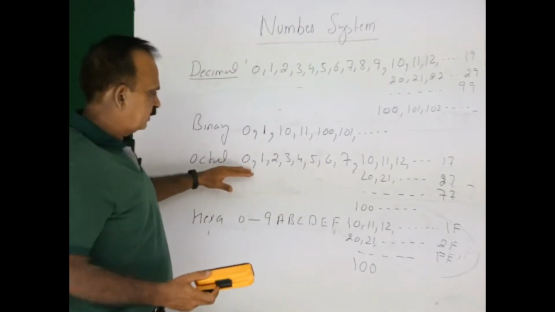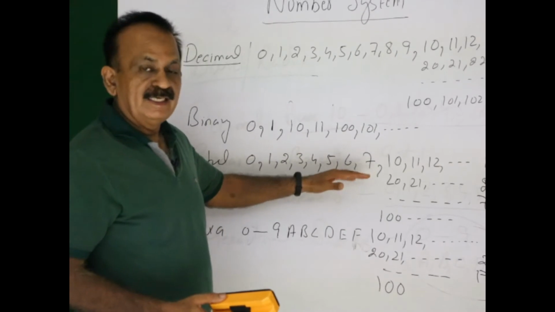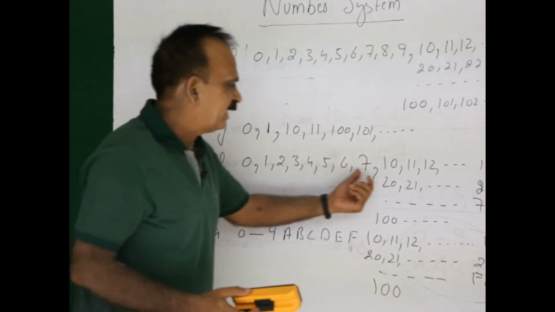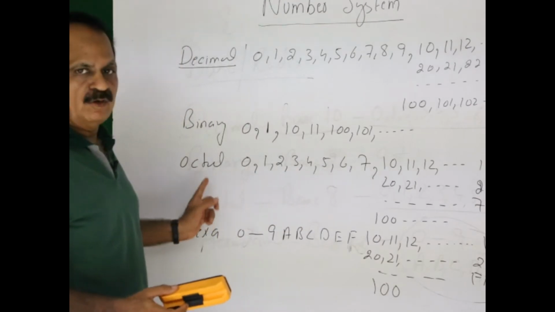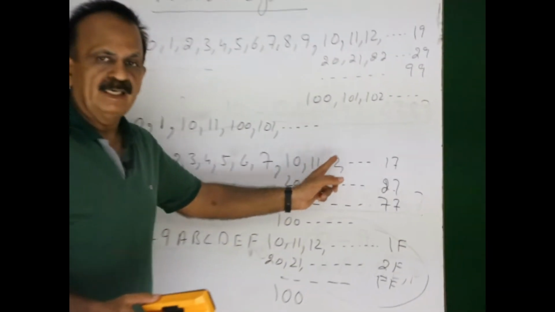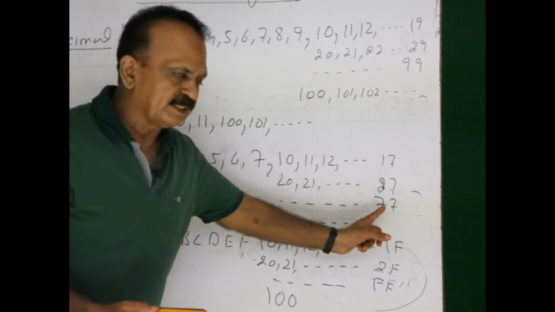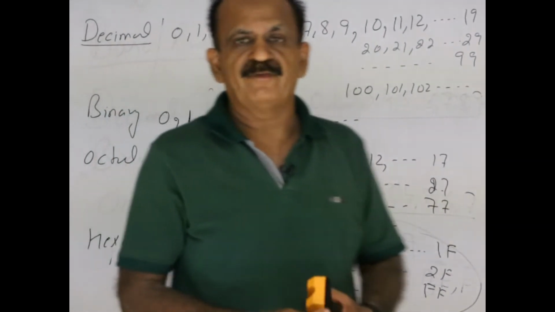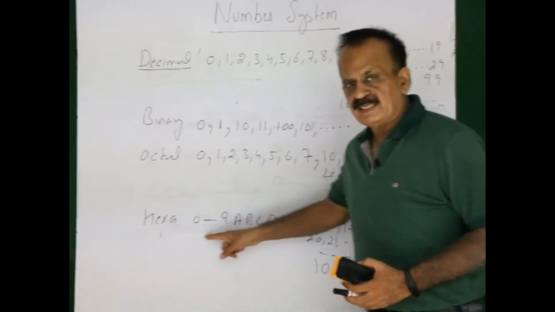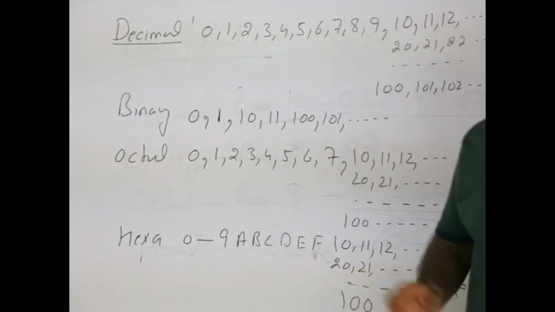In the octal number system 0 to 7, the basic idea is we will be using only these 8 digits because the base of the octal number system is 8, 1 0, 1 1 up to 1 7. This combination will go up to 7 7, and after that combination of 3 digits and so on, and similar concept in hexadecimal.